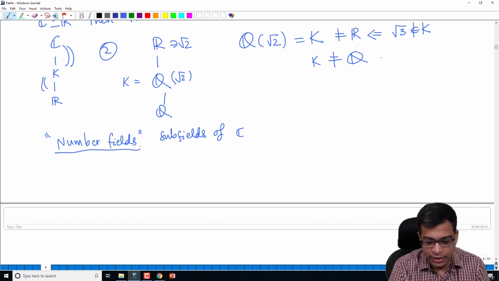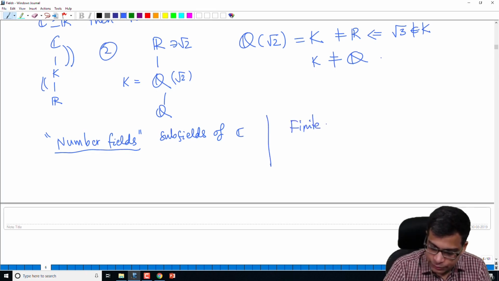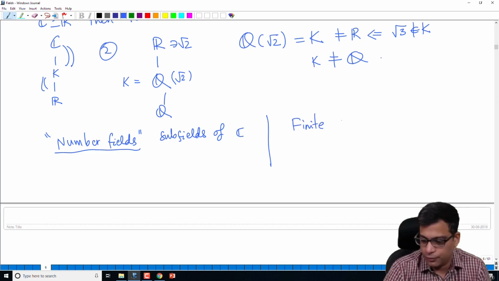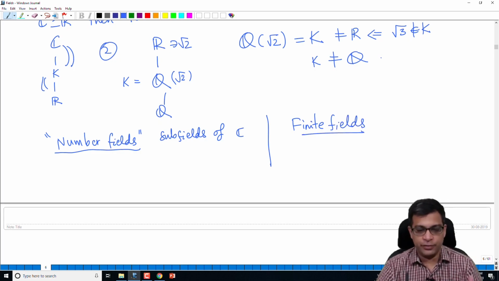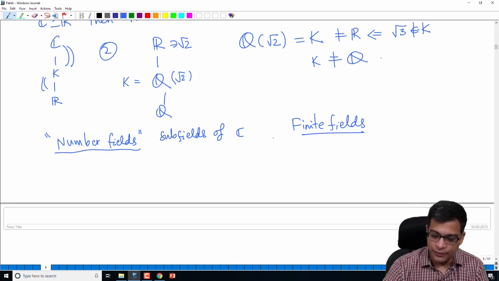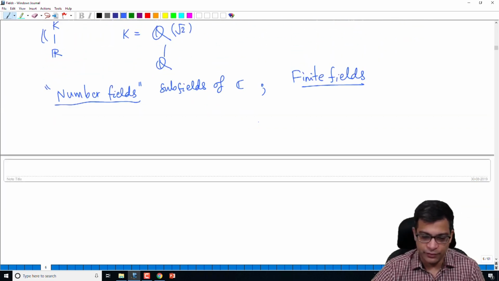These are fields containing complex numbers, and we are also going to study finite fields. Initially we will do some general study of properties of fields, then we will look more closely at number fields and finite fields. There are lots of other kinds of fields, but we will refer to them only sometimes in examples, and our primary focus is going to be on number fields and finite fields.